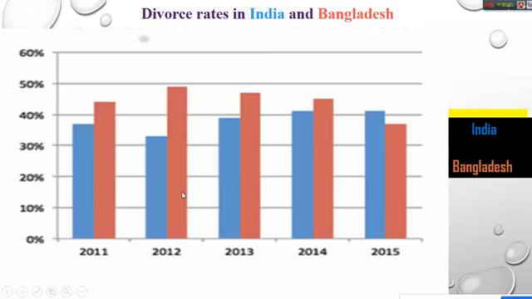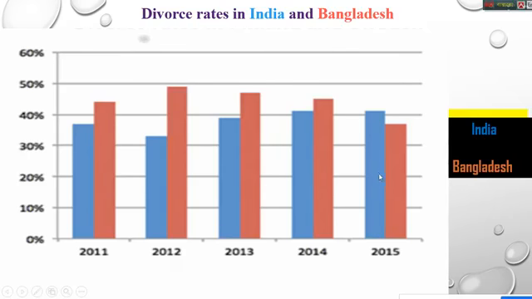Okay, this is the task today. Divorce rates in India and Bangladesh. You see, this color belongs to India and this color belongs to Bangladesh. Here we see vertical and horizontal extension; vertically the percentages are given, and horizontally you see the year is given.